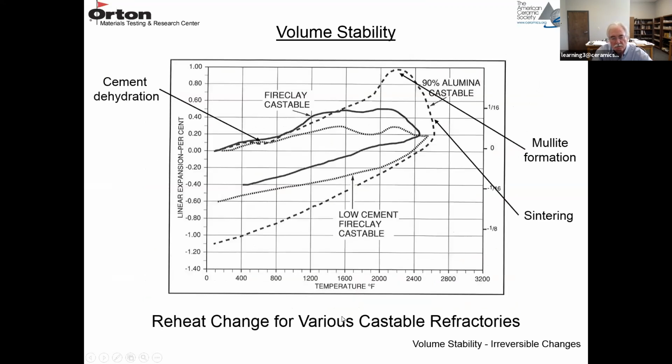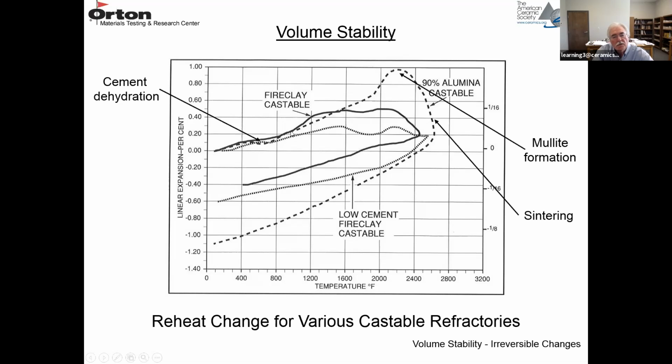And I have some plots here of some different materials, and these are castable refractories. This one is a 90% alumina castable. The finely dotted line is a low cement fire clay castable, and the solid line is another fire clay castable. So when you start out here at 0 and you heat them up, the first thing you might see is a slight dip, a slight shrinkage at 500-600 degrees F, and that's because the cement dehydrates.